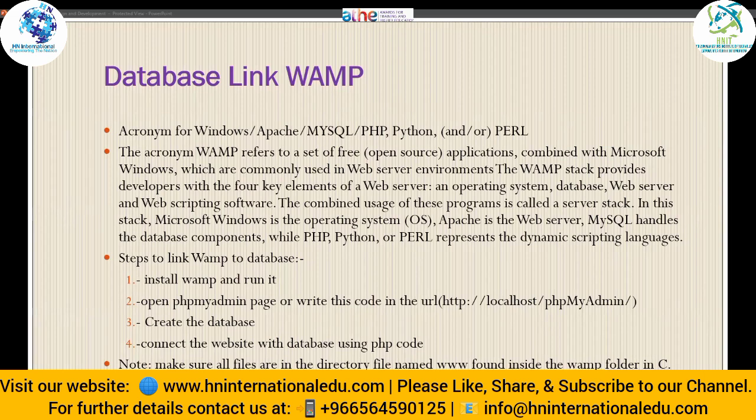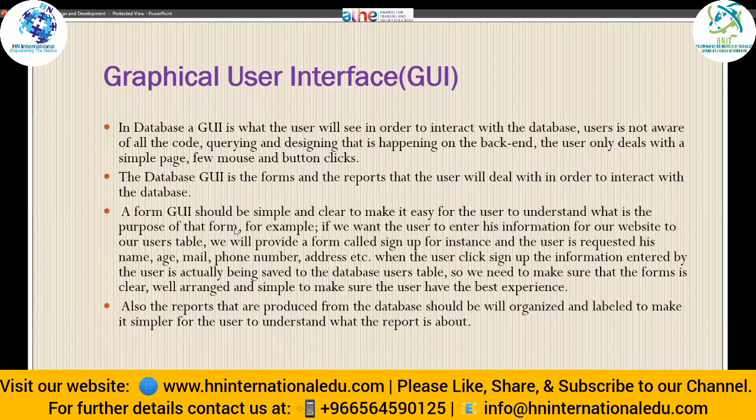Note: make sure all files are in the directory named www found inside the WAMP folder. If you installed your WAMP server in C, then it will be in C. If you installed in any other drive like D, E, or F, then you can find it there.